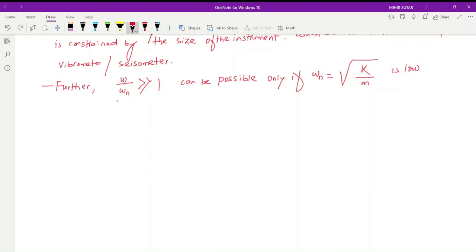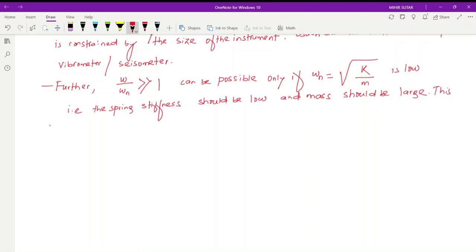When denominator will be quite low, then only this value will be possible. That is, you can say the spring stiffness should be low, and mass should be large.